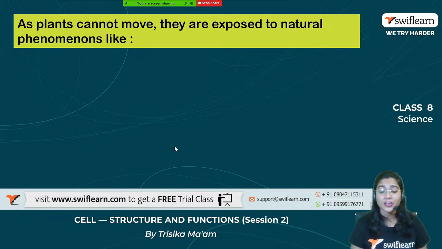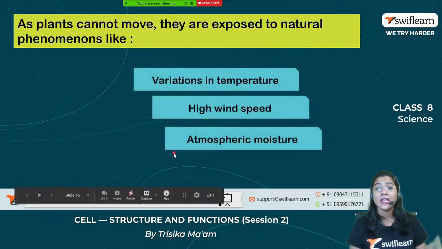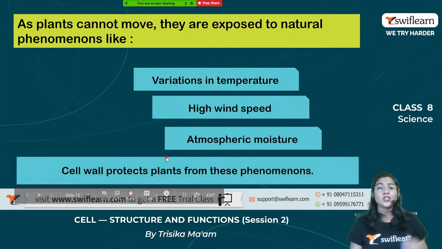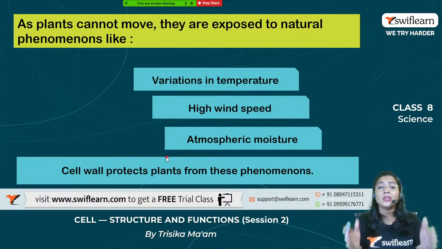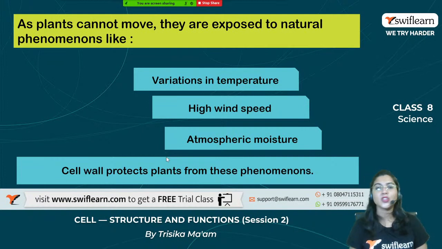All the different natural calamities also we can say, that is the variation in the temperature, the high wind speed, the atmospheric moisture. So to overcome all of them they need such extra protection for their body, and that is given by the cell wall. Fine, up to this much clear?